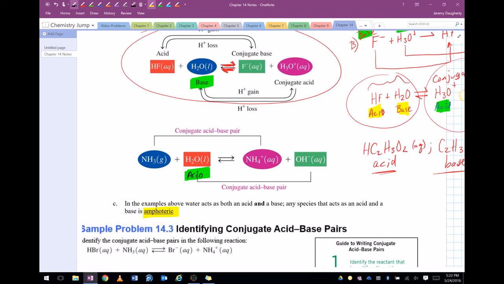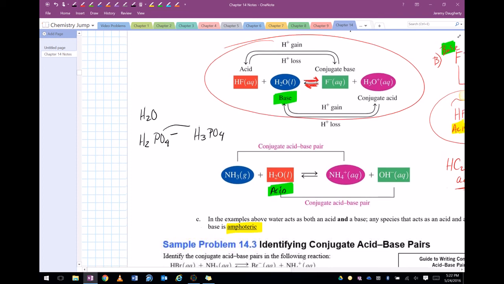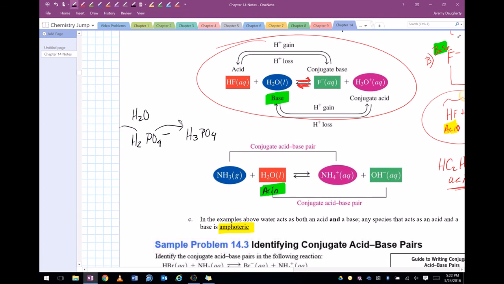So what are some things that are amphoteric? Well, water, obviously, is one of them. But then anything that has a leading hydrogen and a negative charge can be amphoteric. So for instance, H2PO4 minus, because that can either accept a hydrogen ion, H3PO4, or it can give away a hydrogen ion, which would be HPO4 2 minus.